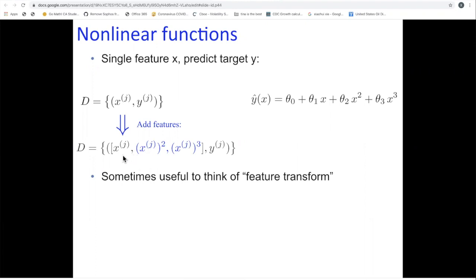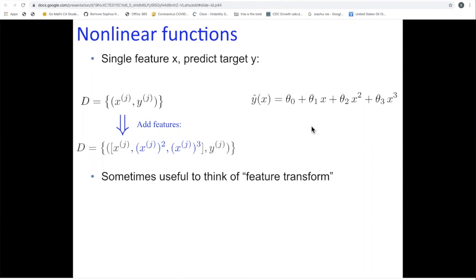So your input will include not only X, but also X squared and X cubic.